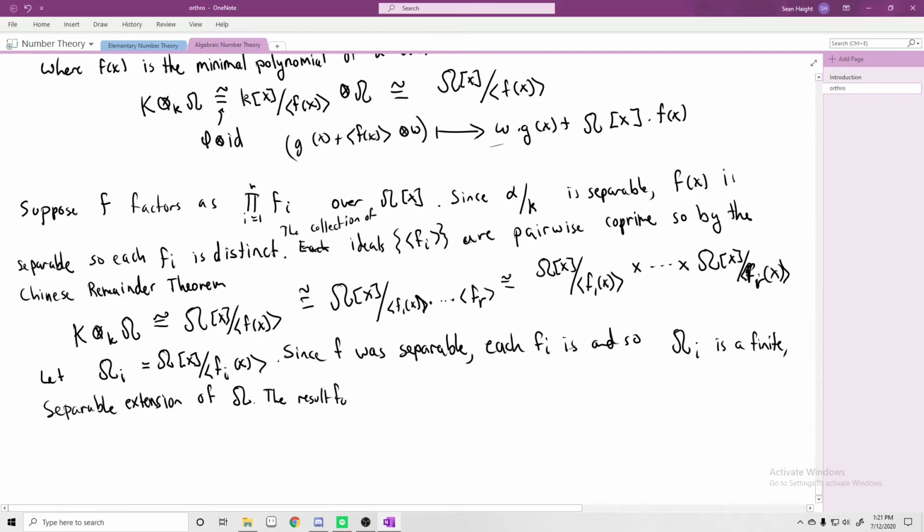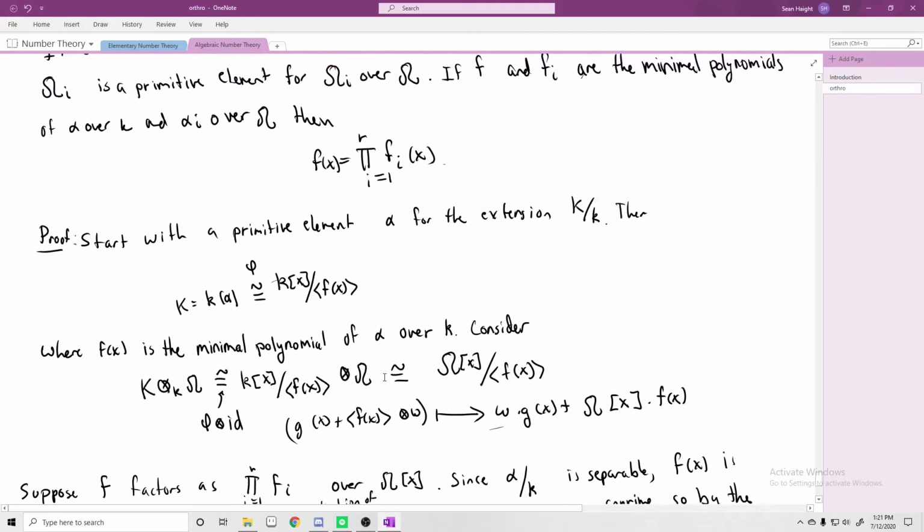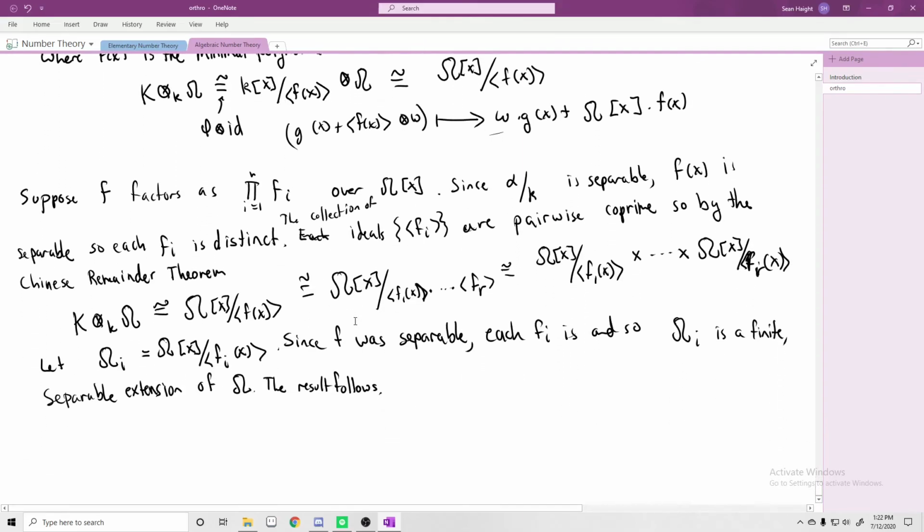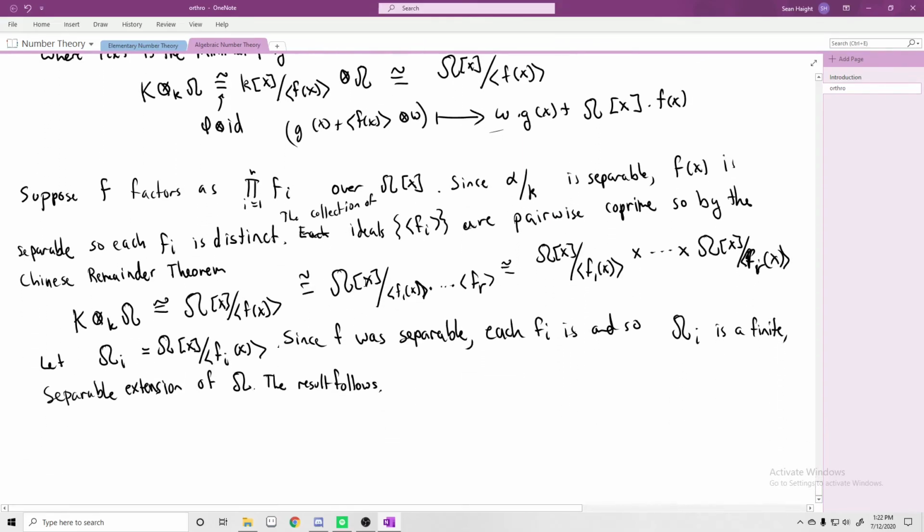So it follows. Okay, so let me look at each piece here of the result. So we definitely factor this thing as a product of finite separable extensions. If alpha were a primitive element, then the image of alpha tensor 1 in this guy is a primitive element for the omega sub i's. So let's think about this for a second.